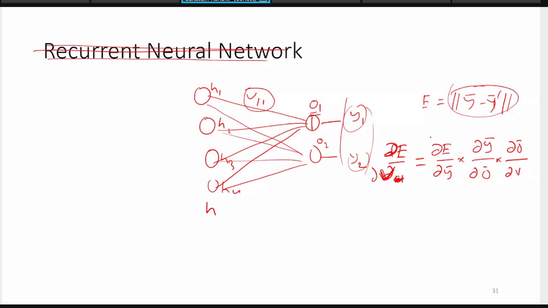I have to apply the chain rule to estimate the corresponding gradients.